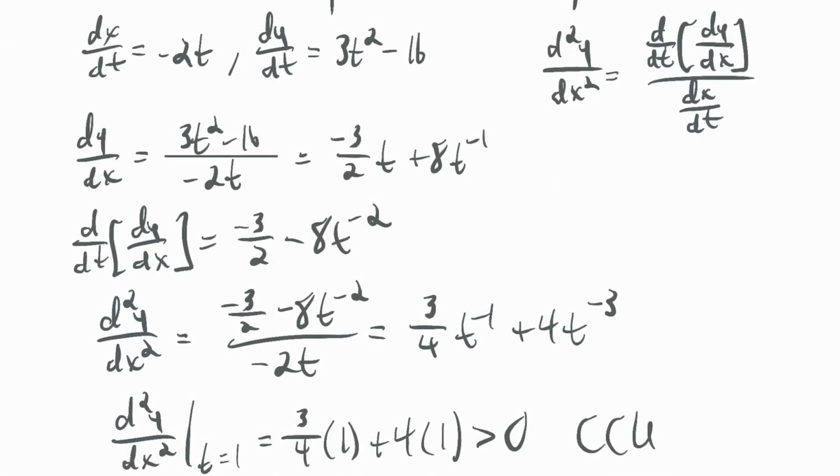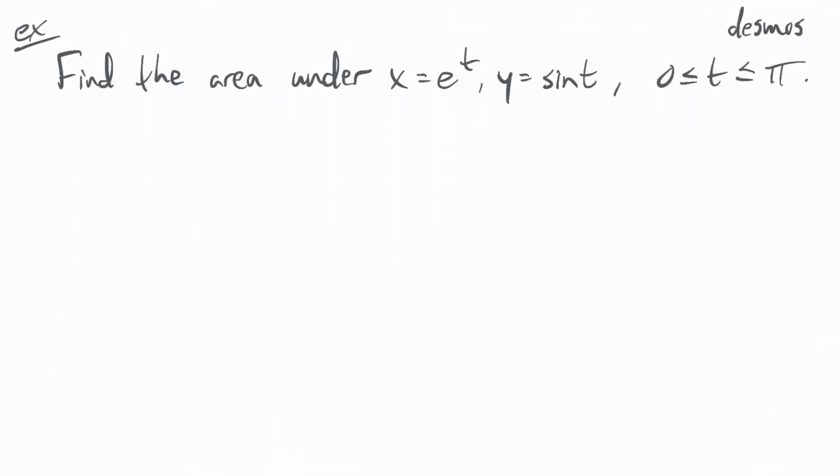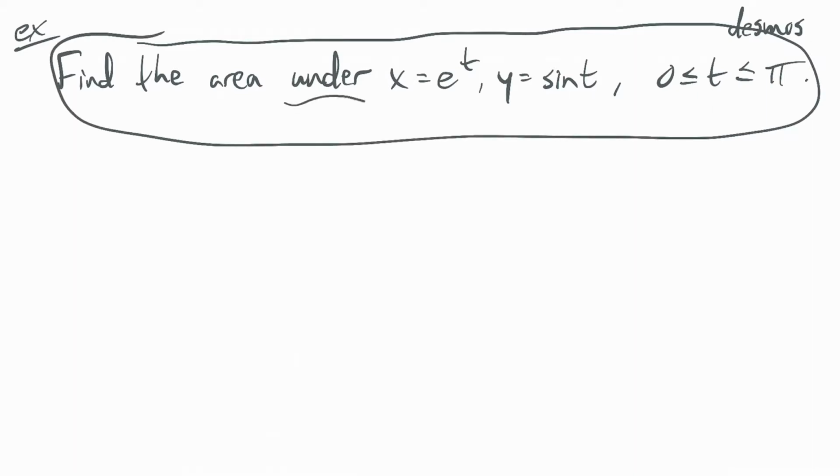Okay. All right, so what's next? So we're going to find the area under this curve. When I say under, I mean in the sense we have done before with the area under a curve, between that curve and the x-axis. Under is maybe not the best wording here, but hopefully that's pretty clear. And we have a Desmos graph to go with this.